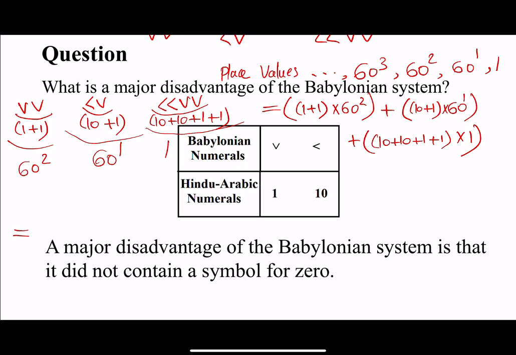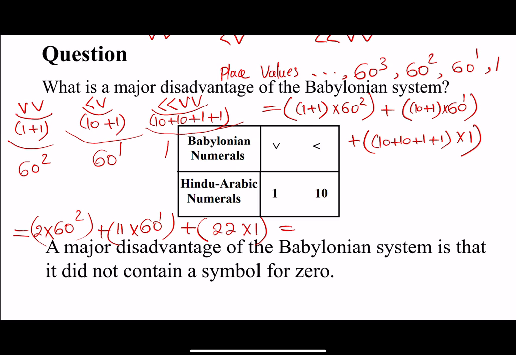It's equal to, so 1 plus 1 is 2. 2 times 60 squared plus 10 plus 1 is 11. 11 times 60 to 1 plus 10 plus 10, 20 plus 1, 21 plus 1, 22. 22 times 1.